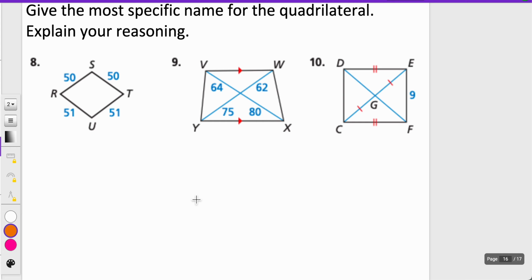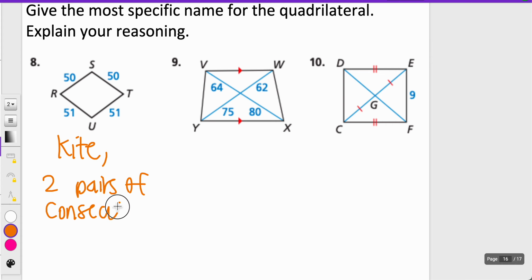We're going to try giving the most specific name, so using that sheet, we're going to look first at number 8. Name each quadrilateral and explain your reasoning. This first one, we're going to name as a kite because it has 2 pairs of consecutive congruent sides.